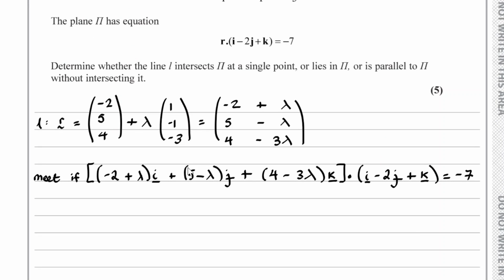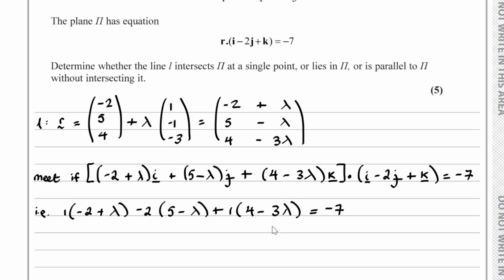So if we tidy all this up, we have 1 lots of minus 2 plus lambda, minus 2 lots of 5 minus lambda, plus 1 lots of 4 minus 3 lambda equals minus 7.